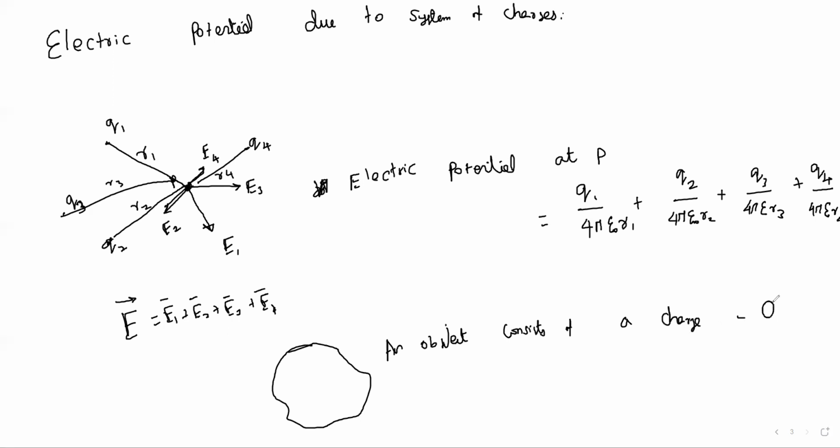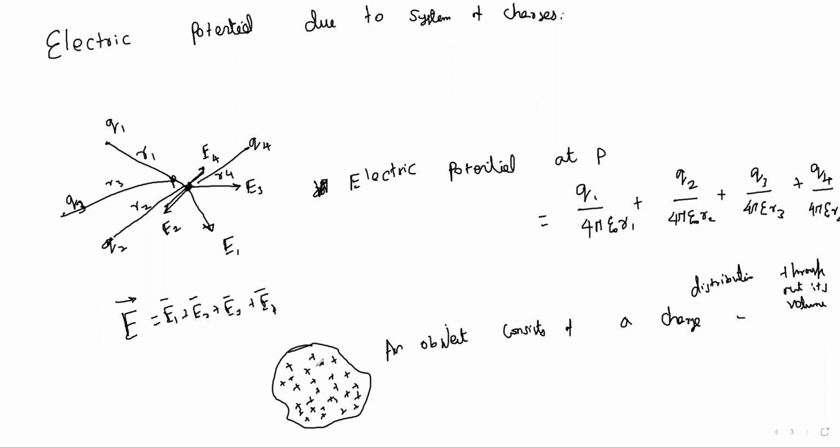Let it be Q. Charge means the entire charge; the object consists of a charge distribution throughout its volume. So for example, let it be positive. Throughout the volume, the charge is distributed like this.